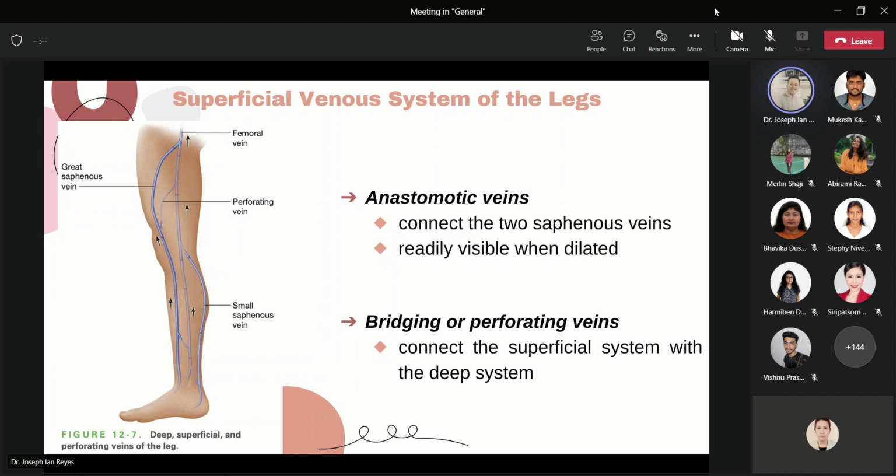These anastomotic veins connect the two saphenous veins and are readily visible when they are dilated. So bridging or perforating veins connect the superficial system with the deep system. You have this image here to illustrate that.